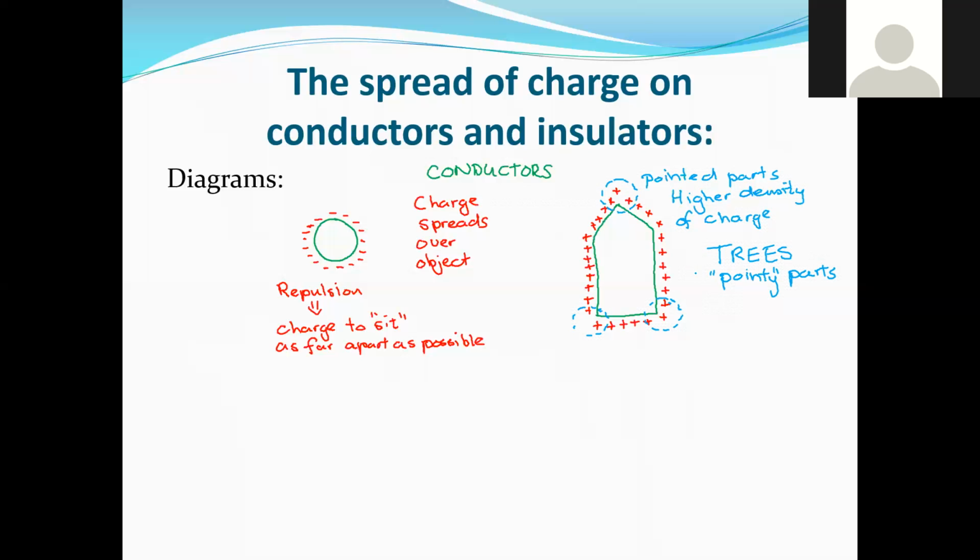So when we're in a thunderstorm, the lightning is attracted to the points where there's a high density of charge, places of high voltage.